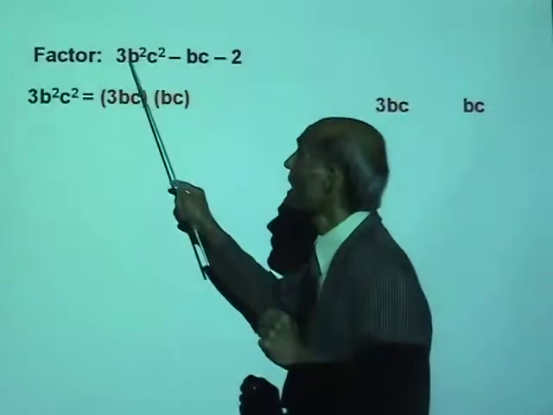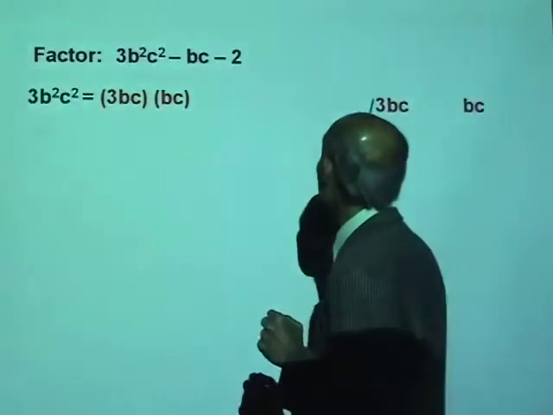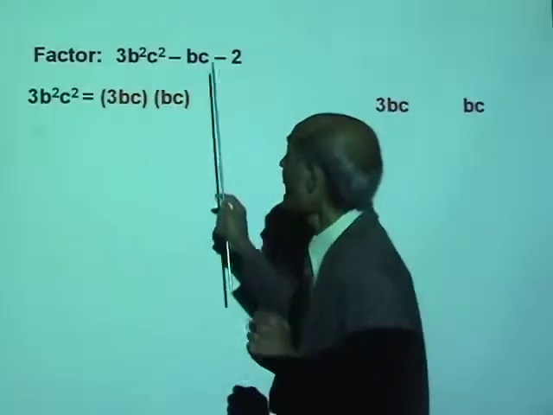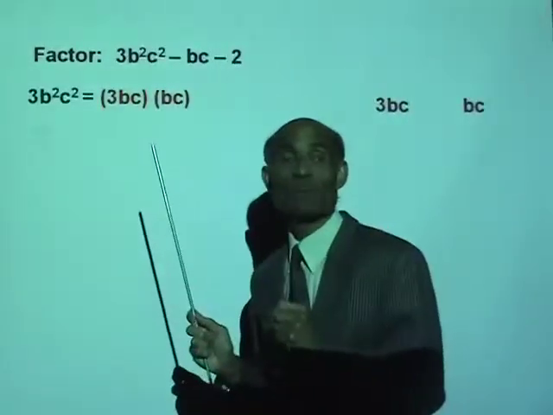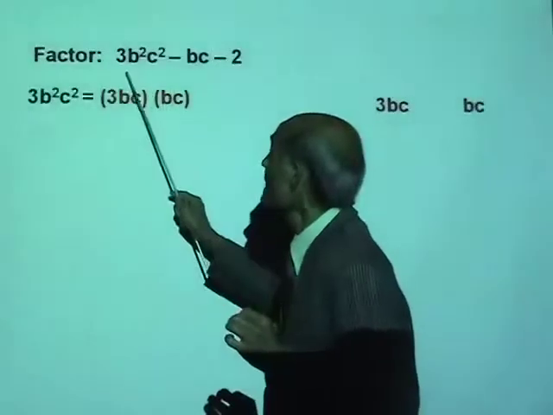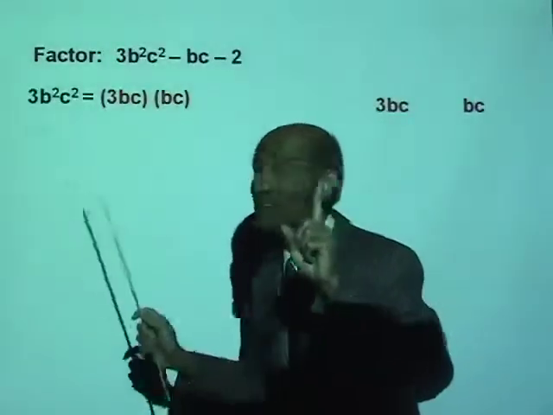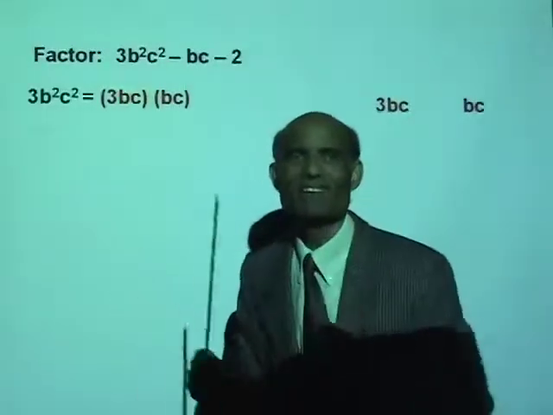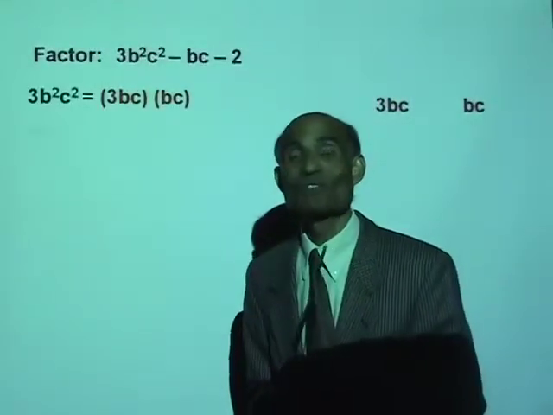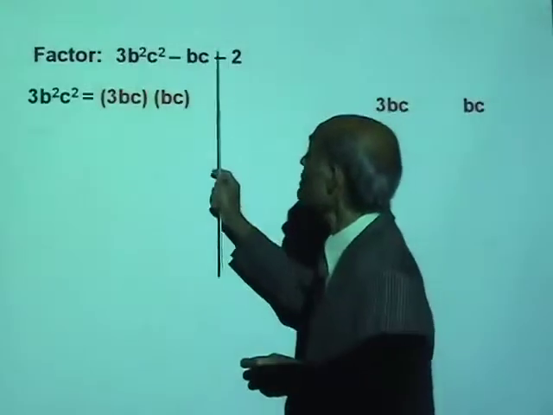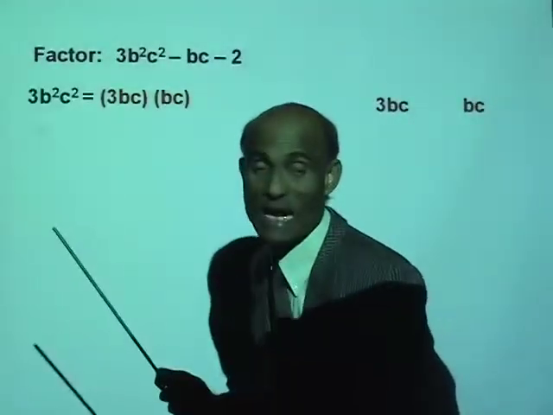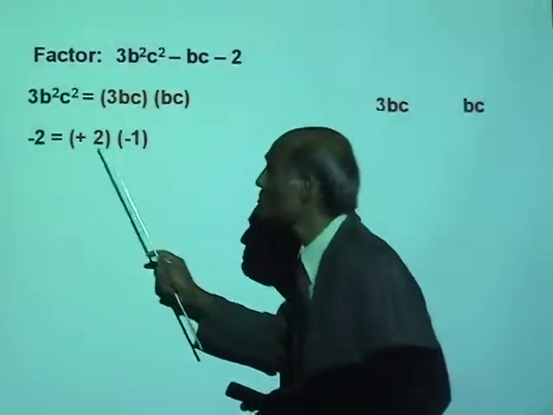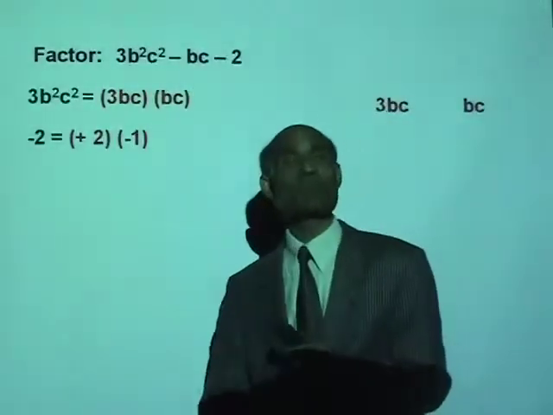I've got a 3 in the factors of the first term and a 2 in the last term, and I know 3 minus 2 is 1. I need to produce a 1 bc with a negative sign in the middle. So I factor negative 2 as positive 2 times negative 1.